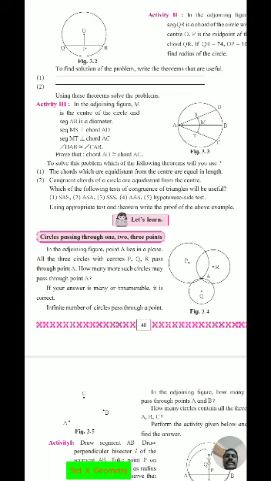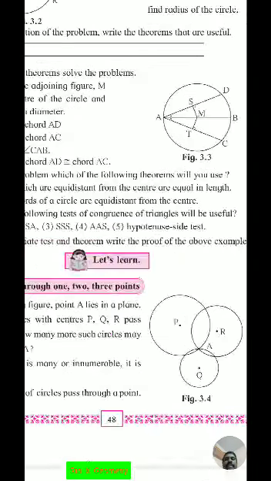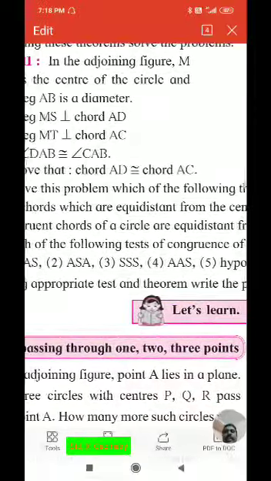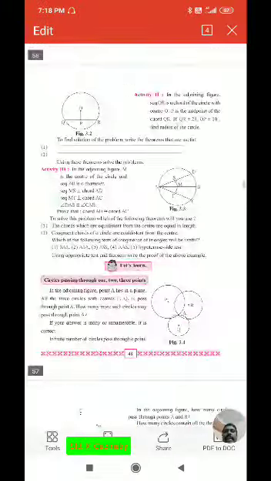Segment MS is perpendicular to chord AD, segment MT is perpendicular to chord AC, then angle DAB is congruent to angle CAB. Prove that chord AD is congruent to chord AC.